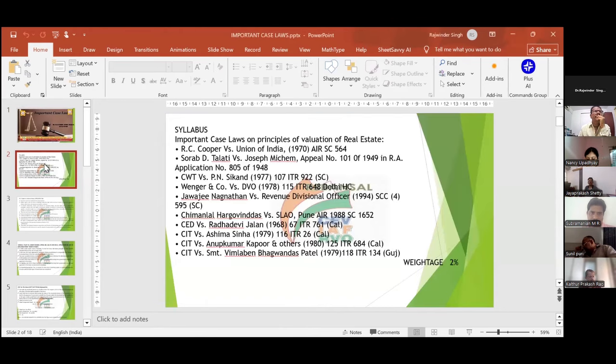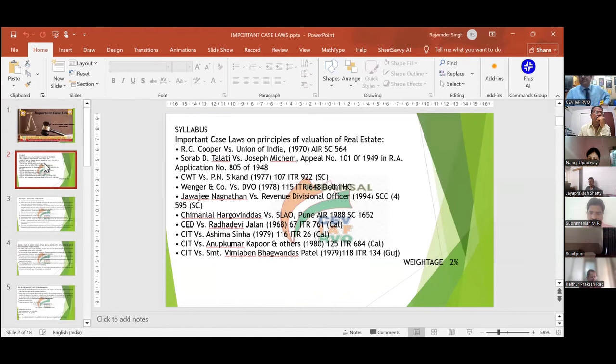So as far as the syllabus is concerned, you have to learn important case laws on the principle of valuation of real estate. First one is R.C. Cooper versus Union of India. Friends, these are very, very important case laws in your syllabus as well as for practical life.